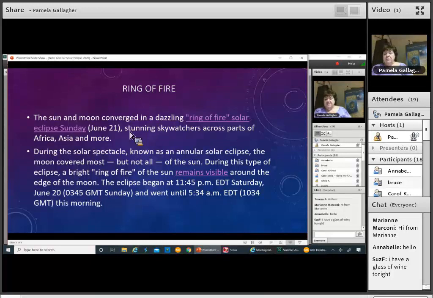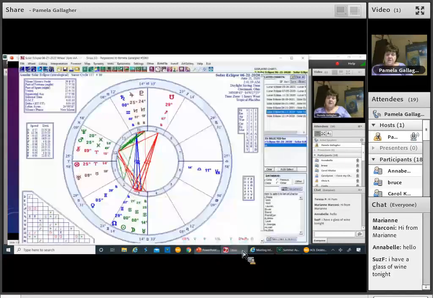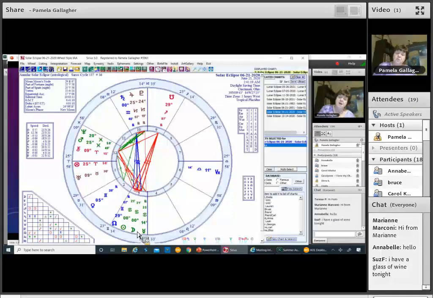And so it was seen, and I've shown you the map before, of only half the Earth. If you look at the chart of the eclipse, you'll notice that in our country, the sun and moon were below the horizon. This is the horizon of Earth. And so the sun and moon are below the horizon.